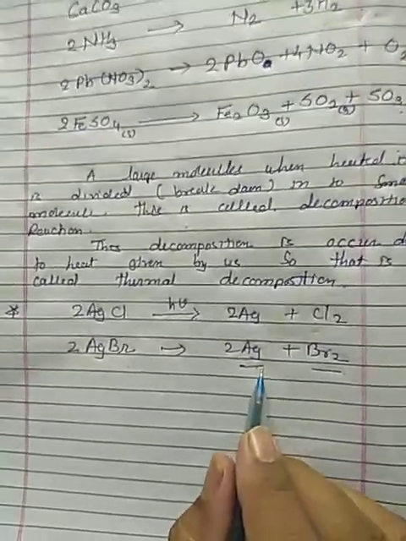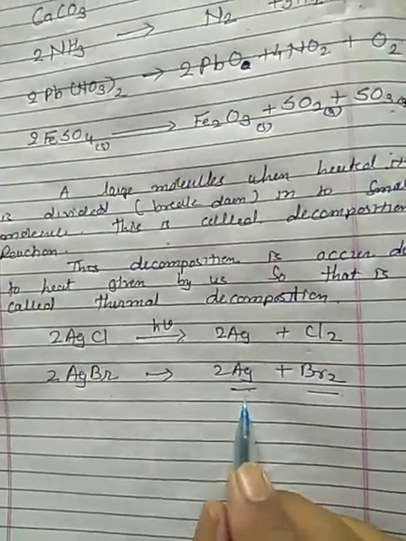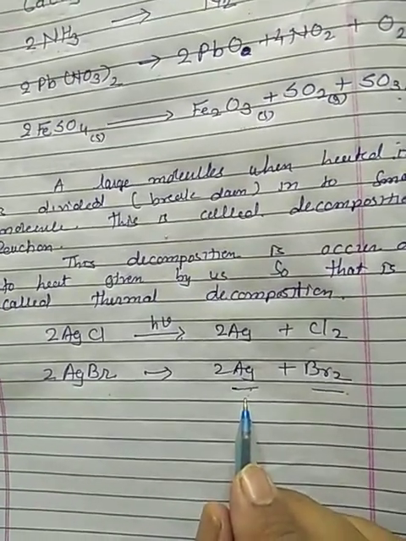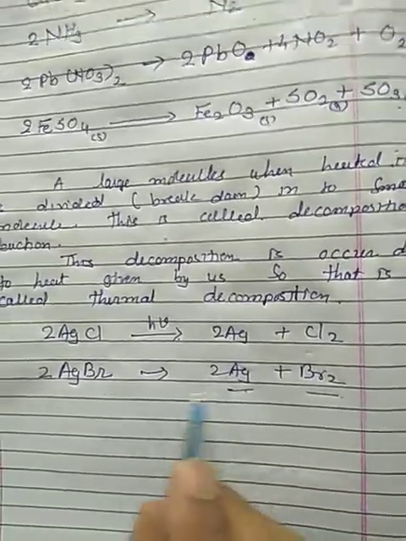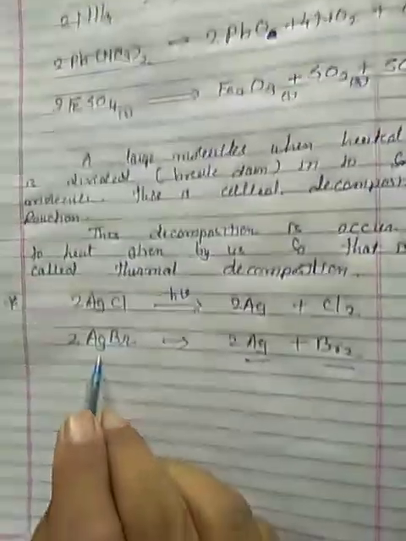But due to the separation of silver, the sunglass becomes dark. When the glasses are in a dark zone, the reverse reaction occurs and silver bromide is formed.